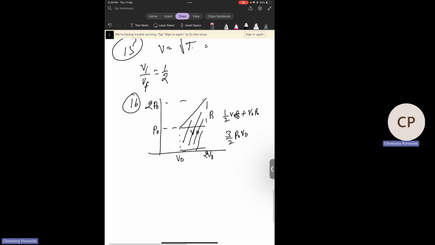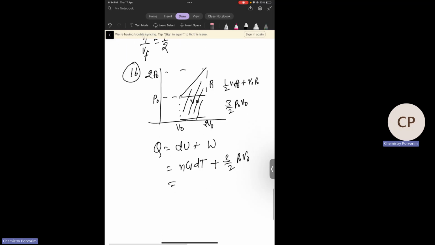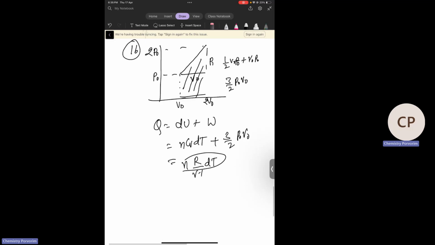This is work done. And Q is equal to dU plus W. dU is n Cv dT plus 3/2 P naught V naught. And Cv is R upon gamma minus 1 dT. And nR dT is P final P2 V2 minus P1 V1.